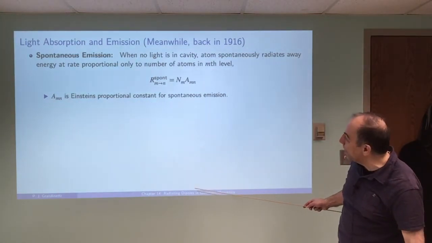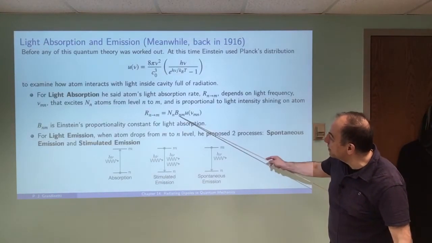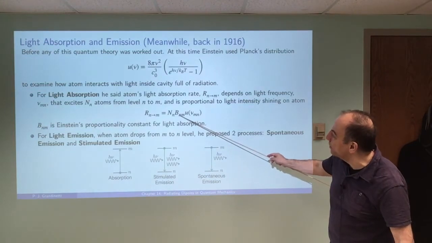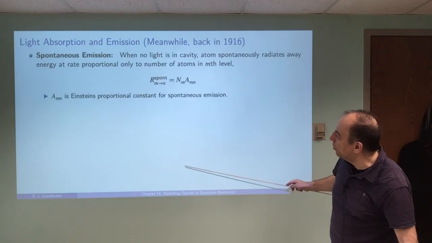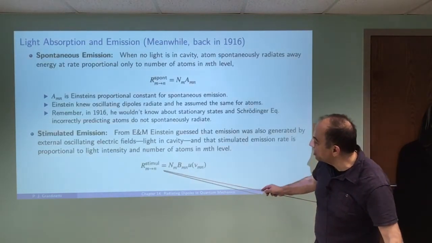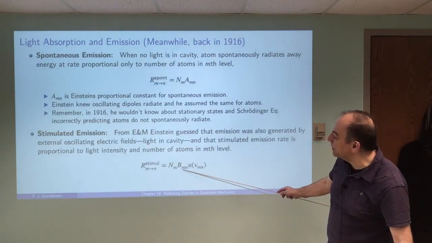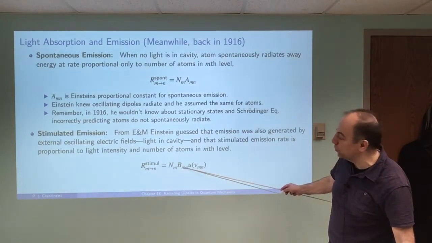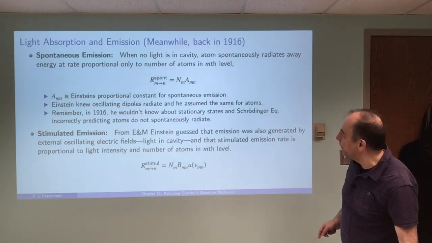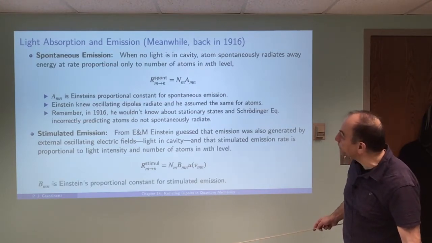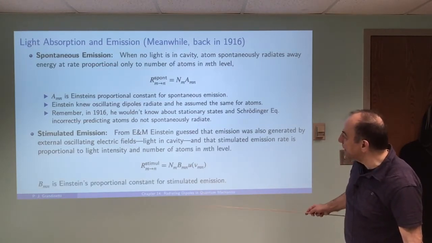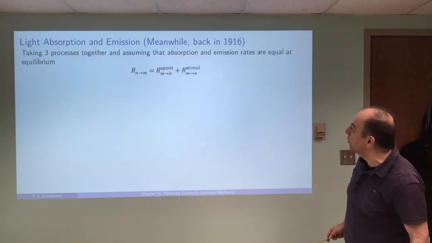So just to go back here real quick, I mentioned this is the proportionality for the absorption, which is Bnm, and then for emission, he has a proportionality constant that's Bmn. So we switch the integers here, marking the states. So what we're going to do is now see what kind of relationship we can find between these coefficients.